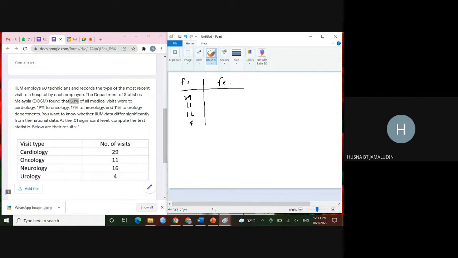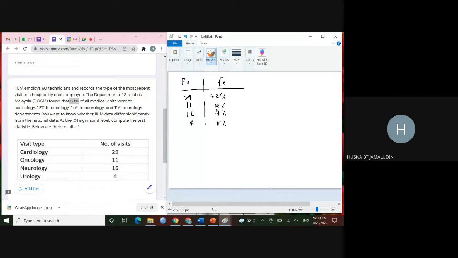So how to compute the expected frequency? The percentage multiplied by the total number of visits. This is not observed, right? You're given here 53%, and then 19%, 17%, and the last one 11%.